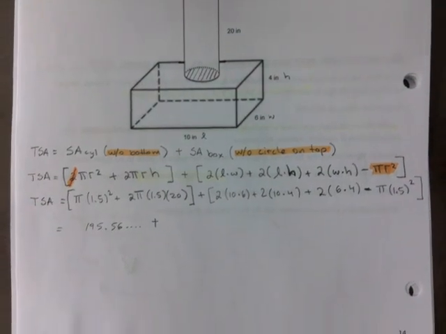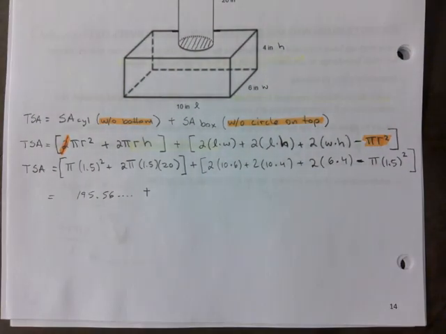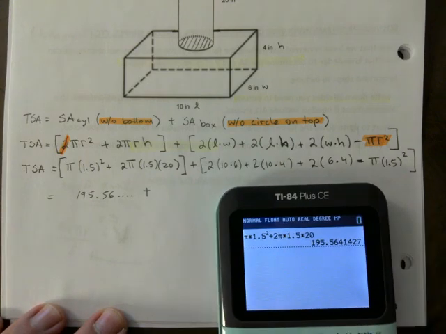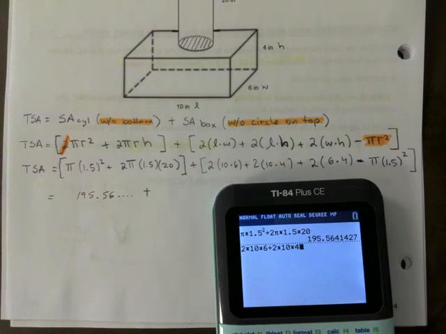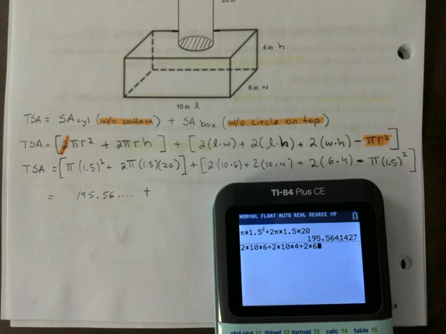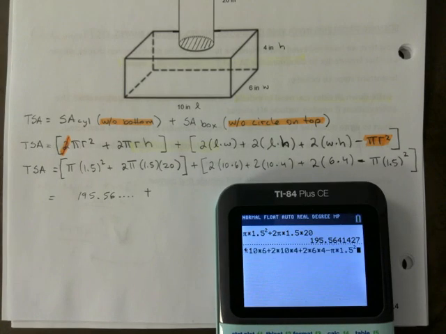If it's kind of a linear thing where there's nothing being divided, you can type this in all in one shot. So it's 2 times 10 times 6 plus 2 times 10 times 4 plus 2 times 6 times 4 minus pi times 1.5 squared.